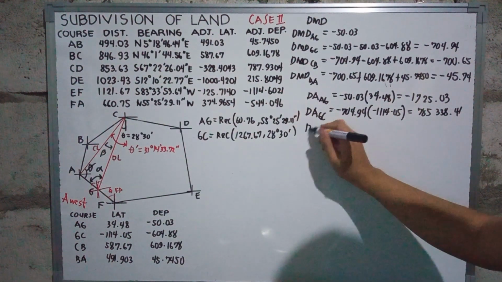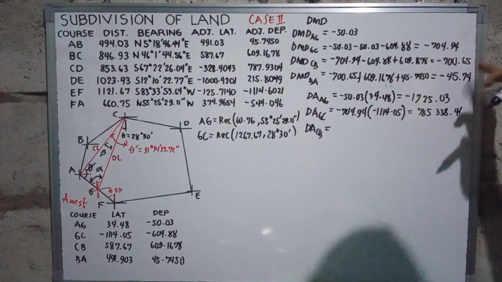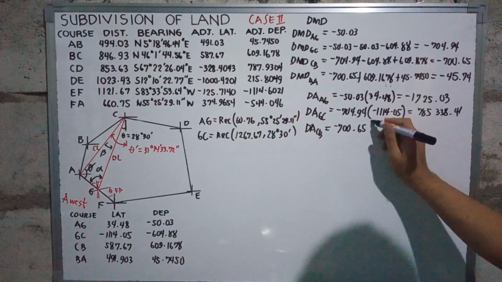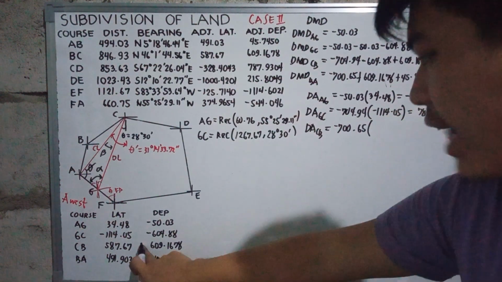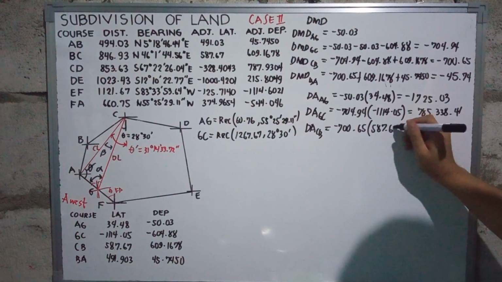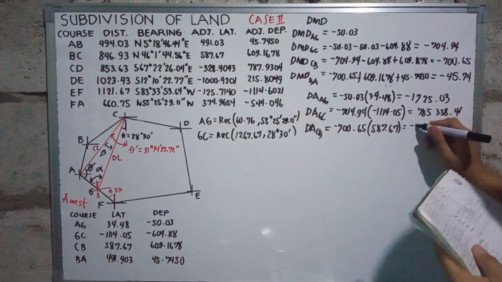And the double area naman ng CB natin, so the DMD, which is equal to negative 700.65 multiplied by the latitude ng CB natin, 587.67. So that will be equal to negative 411,750.99.